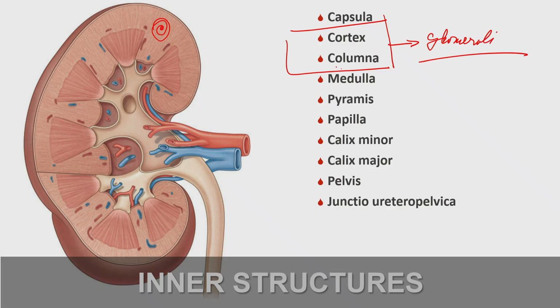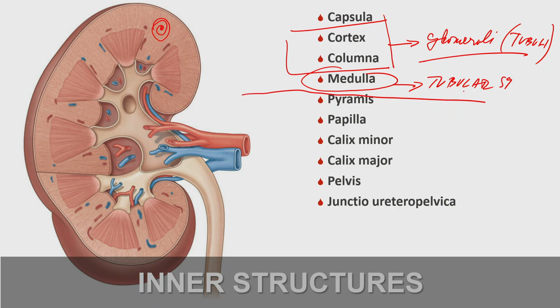And then we have the medulla, which contains mainly the tubular system. But here also we have some tubuli. So those are two major parts. The medulla forms a structure like a pyramid, pyramis.